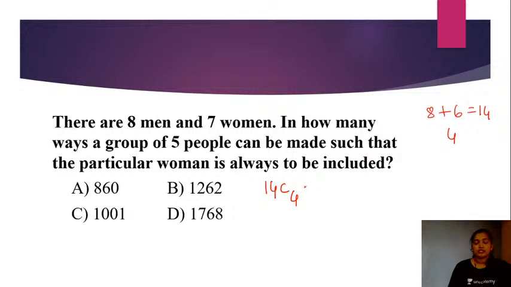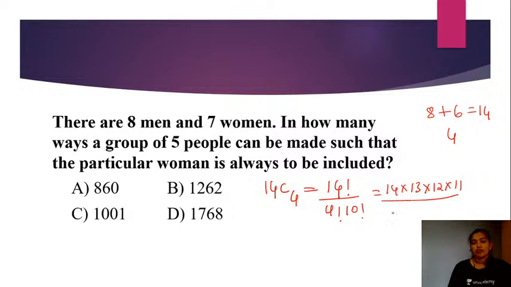So 14C4, right? This is 14 factorial divided by 4 factorial into 14 minus 4, that is 10 factorial. So substitute the value, students. 14 factorial divided by 10 factorial, this would be 14 into 13 into 12 into 11 divided by 4 factorial, that is 4 into 3 into 2 into 1.